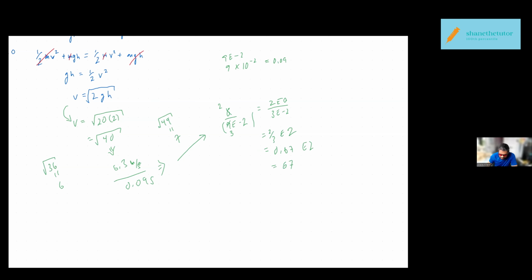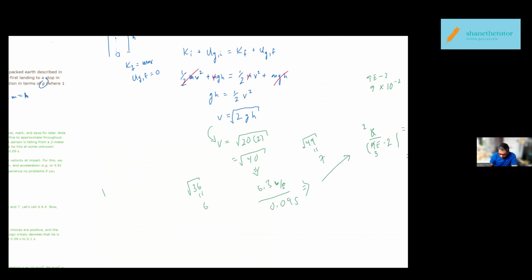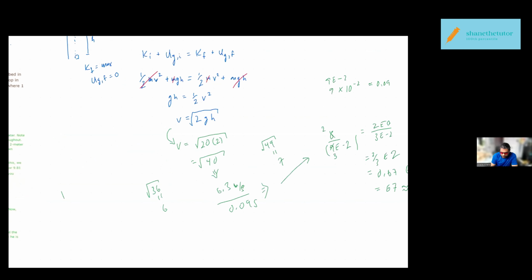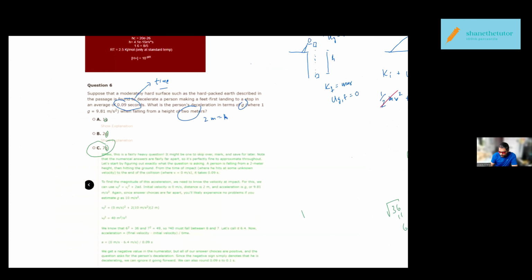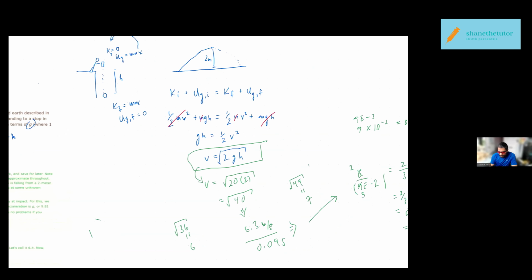Now, the choices that are given to us are in terms of g, which we know is about 10. So 67 is close to 70, which is 7g, and that will be our answer here. So this is a very useful formula to use right here.